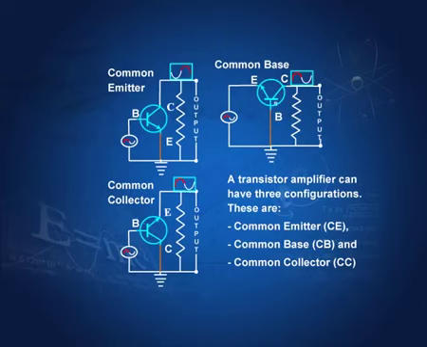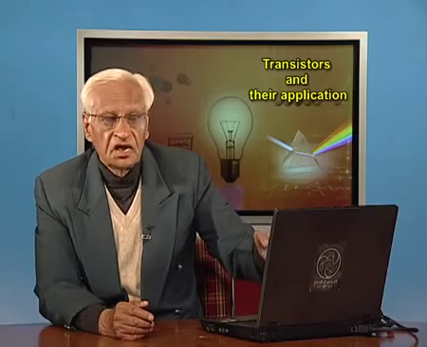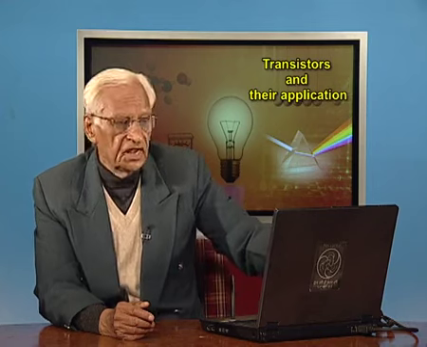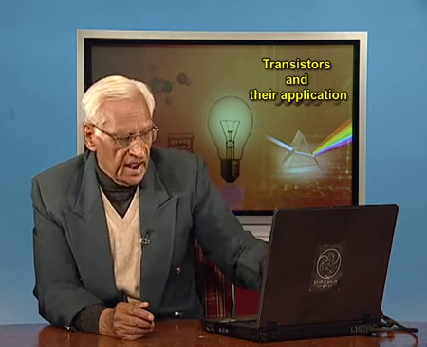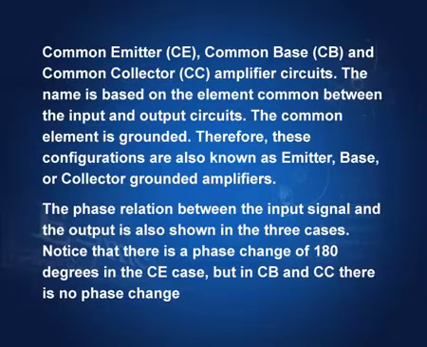The important thing to note here is that this input and this output are out of phase. So the common emitter amplifier gives an output which is out of phase with the input. In common base and common collector amplifiers, the output is in the same phase as the input.